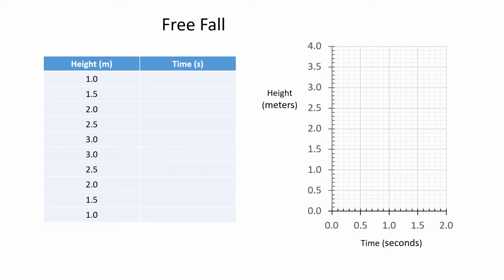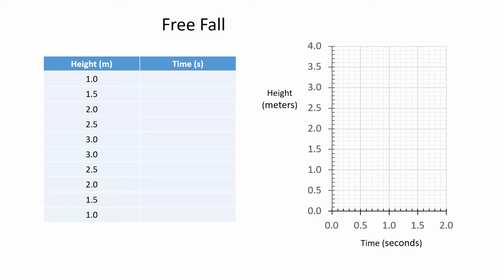Now, we'll use two methods to determine g. One, we'll use the height data. At heights on the way up, 1 meter, 1.5, 2, 2.5, and then on the way back down, 3 again, 2.5, 2, 1.5, at those various heights on the way up and down, just make note of the time and fill in the table.